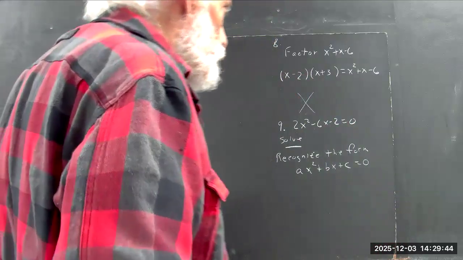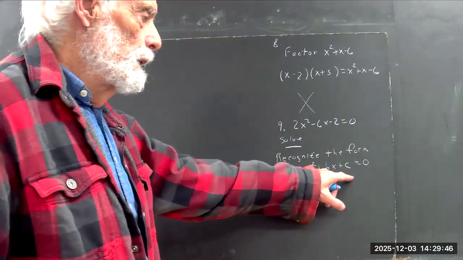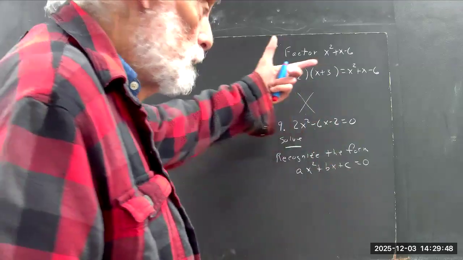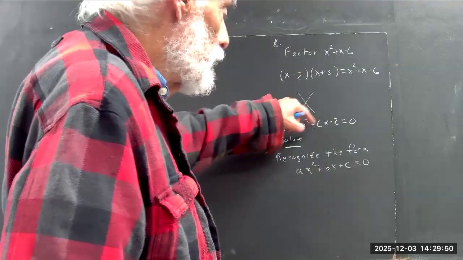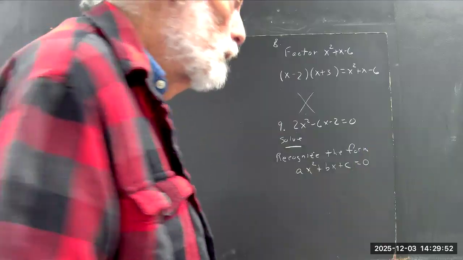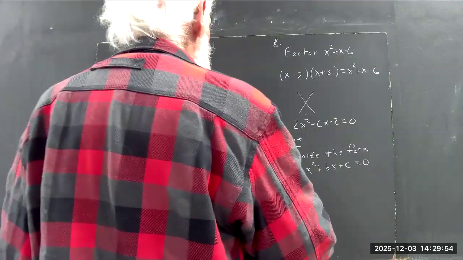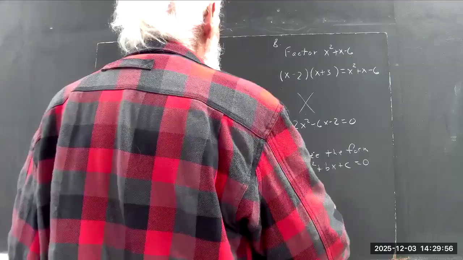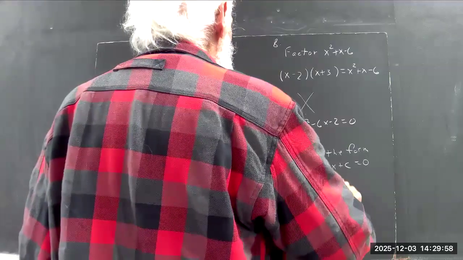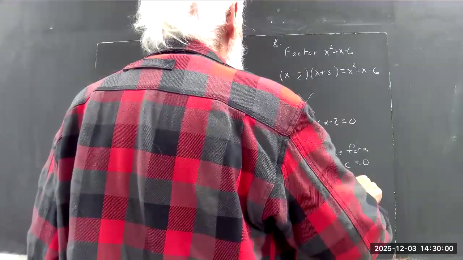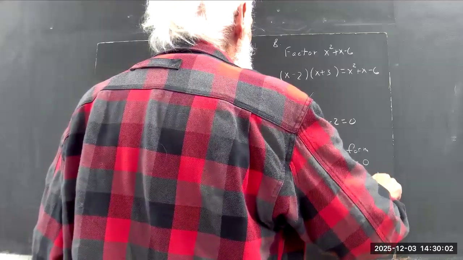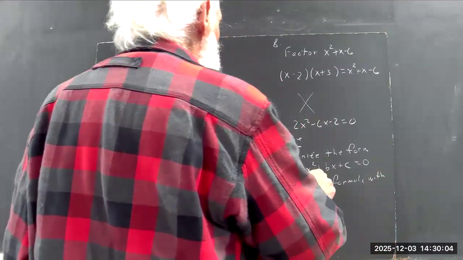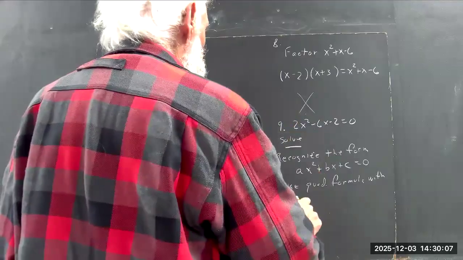the equation is of the form ax squared plus bx plus c equals 0. So we identify a, b, and c and use the quadratic formula. With a, the coefficient of x squared is 2.